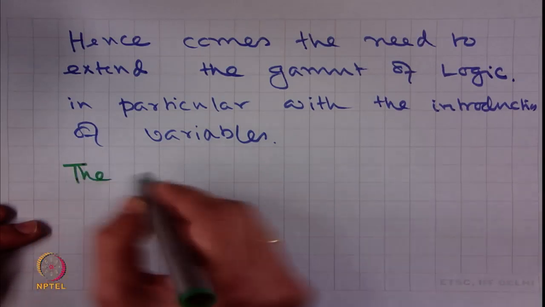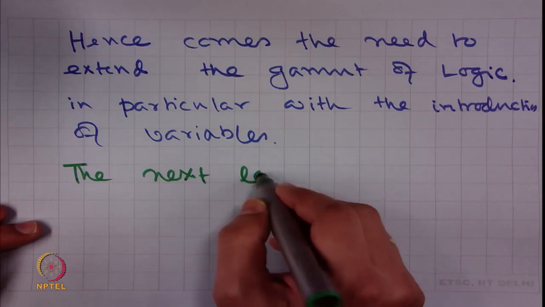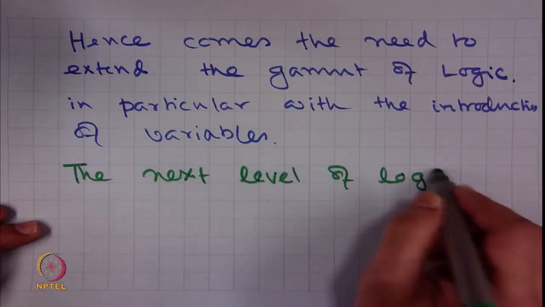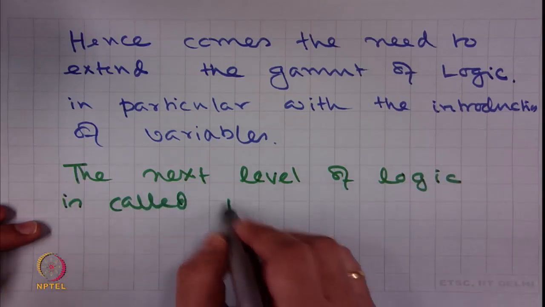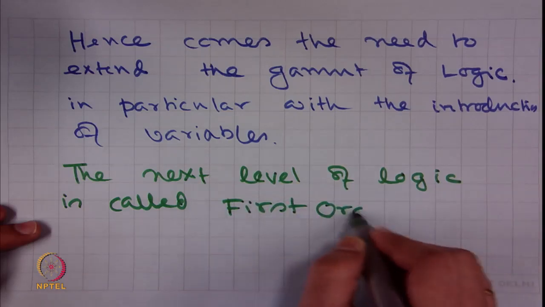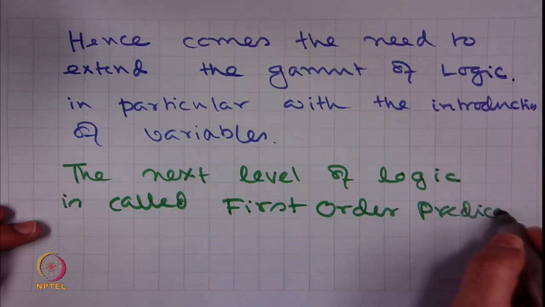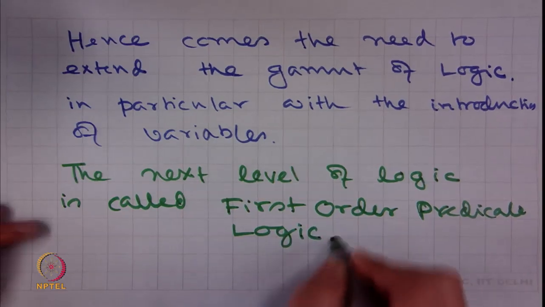The next level of logic is called first order predicate logic. So, what is a predicate?